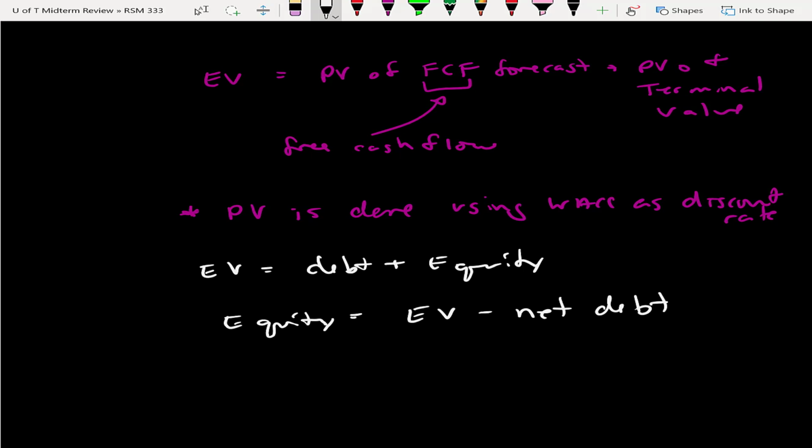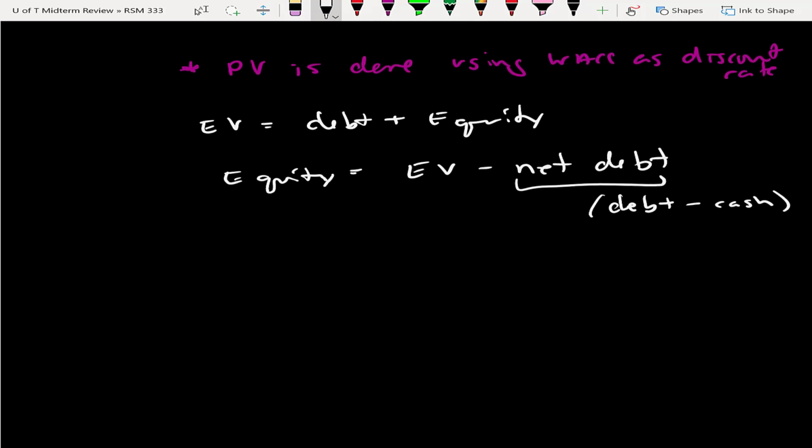So if we take the debt off, we'll get the equity value divided by the number of shares, and that's the price. And net debt is just equal to debt minus cash. Okay, so if you have any extra cash lying around in the books, they take that off to calculate the value of a business. So that is the discounted cash flow approach, which is used most often in real life.